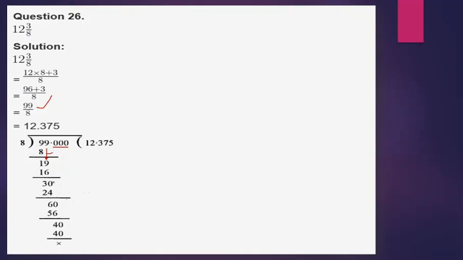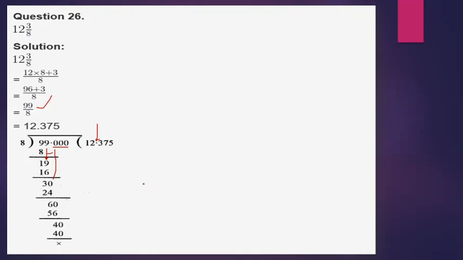Okay, we get 19. 8 2s are 16, and then we get 3, insert 0. When we insert 0, no number is there, so we have to put the decimal ourselves, and then insert 0.